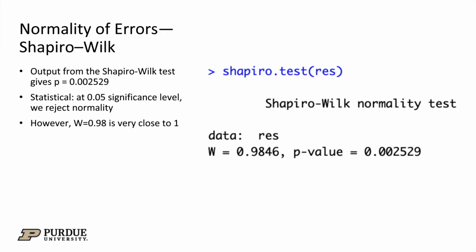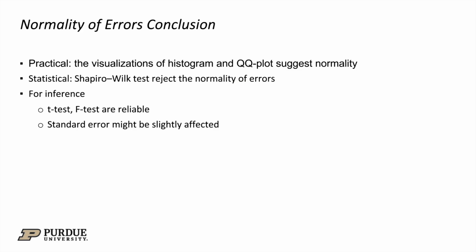The output says that the p-value is 0.0025, so statistically at 0.05 significance level we reject the normality. However, if we look at the W value, it is 0.98 here, which is very close to 1. So, in conclusion, while the Shapiro test returns a small p-value that rejects normality, the histogram and QQ plot suggest otherwise.